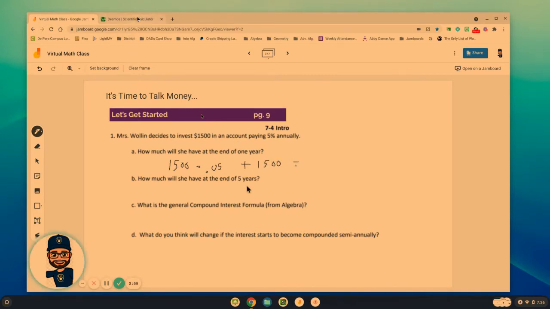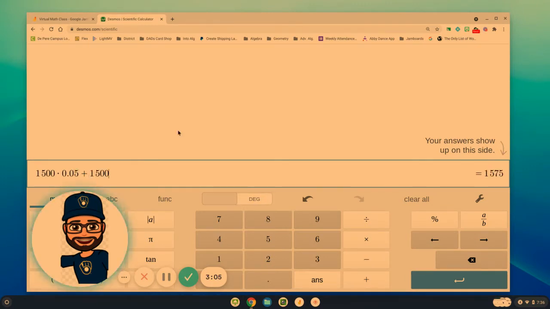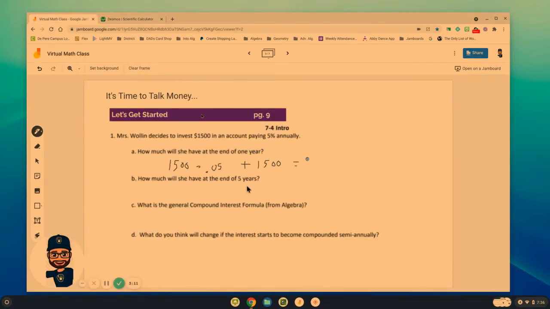If I go over here to Desmos, I'm going to have 1,500 times 0.05, the 5%, plus the 1,500 that she started with, and you'll notice I get a value of $1,575.